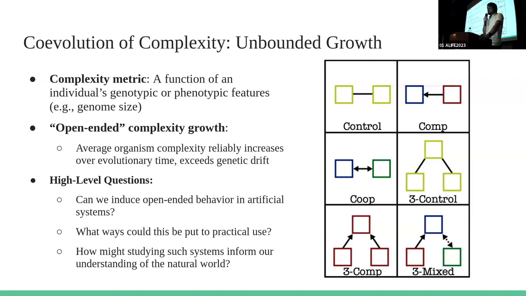We also need to think about how we could put this to practical use in digital systems, artificial systems, and how we can use this to further enhance our understanding of the natural world. You can see some examples of ecosystem topologies right here. So you have two population models with competitive interactions, cooperative interactions, and we're also going to be looking at some three species models. These are a little bit more complex.